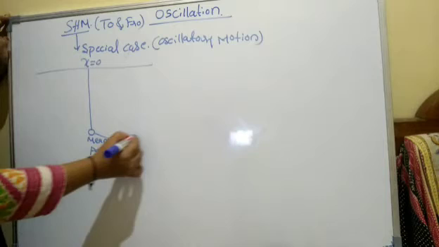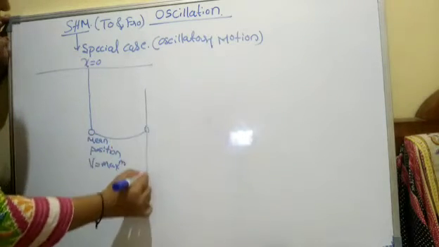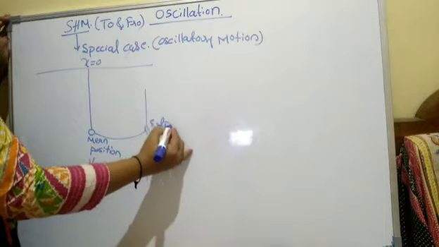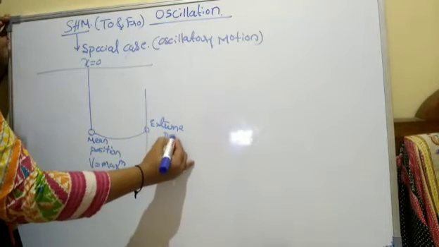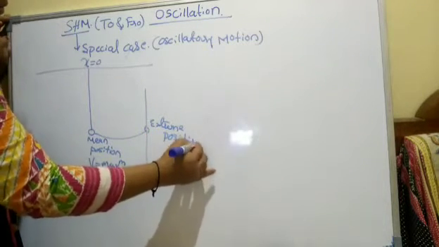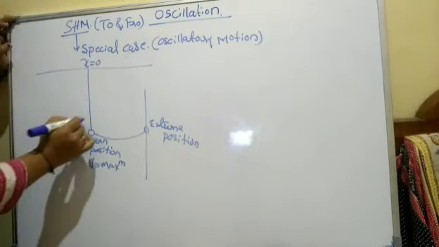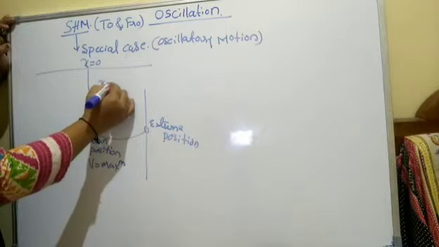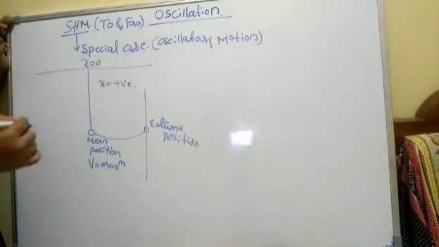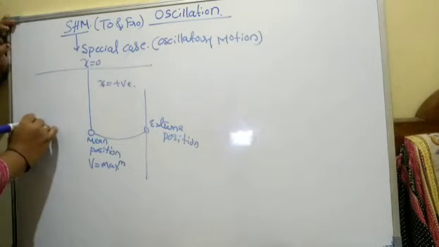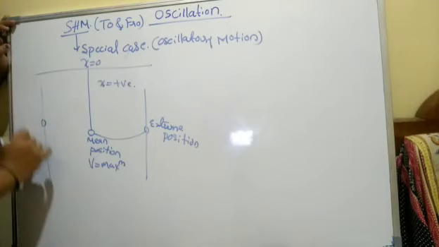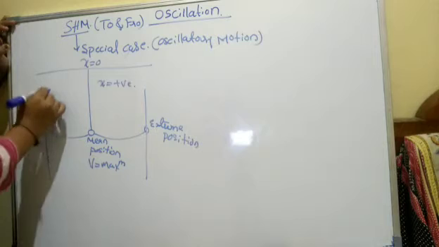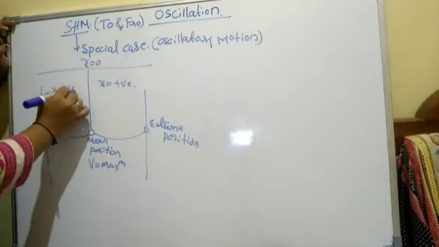When it executes the to and fro motion, at the extreme position here x is positive, and once it moves to the other extreme position, x is negative.